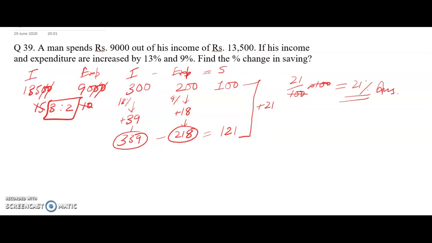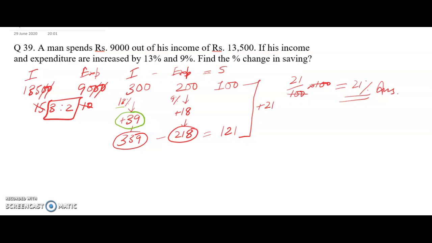Now in this question we can also save our time by a second method. You guys can use this to save some time, but you can also go with the first method. The second method says 13% of 300 is 39.